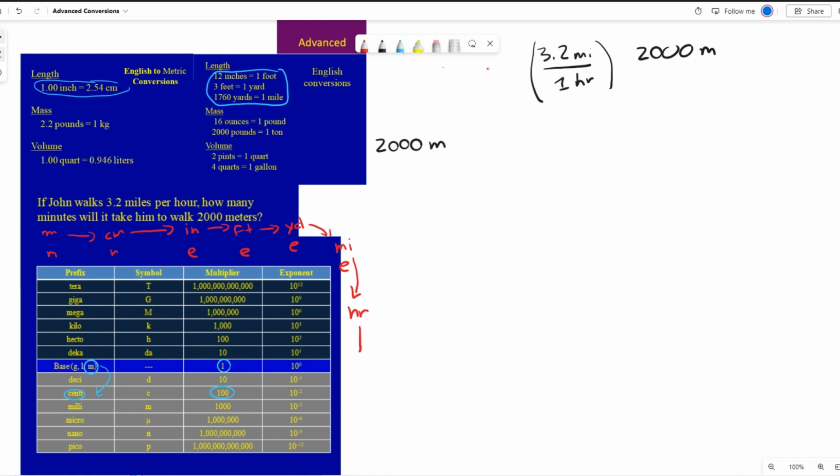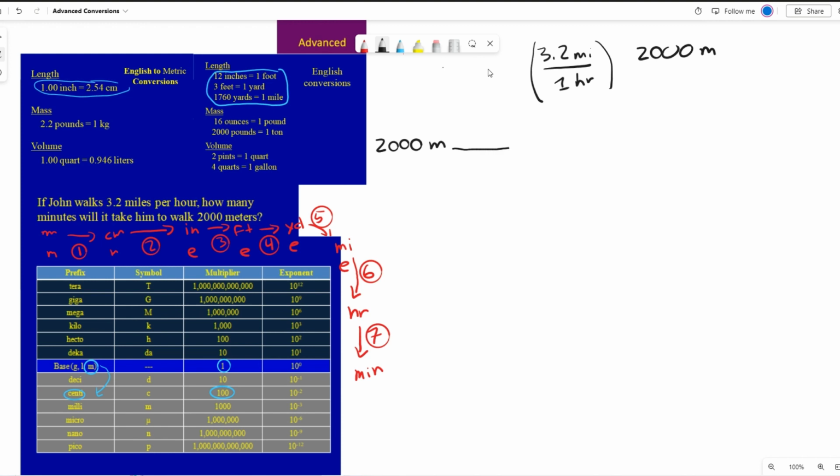And then we'll convert from hours into minutes. So you can see that this is actually going to be a 1, 2, 3, 4, 5, 6, 7 step problem. And the first step is to convert from meters into centimeters.